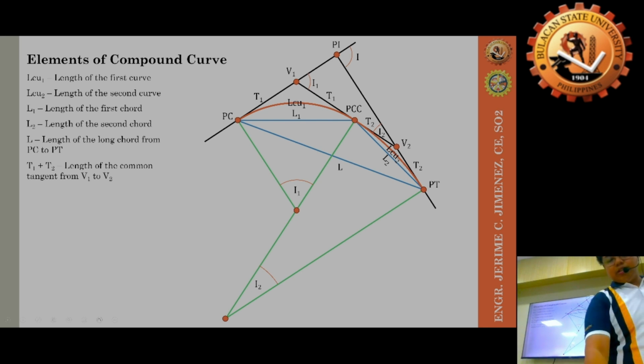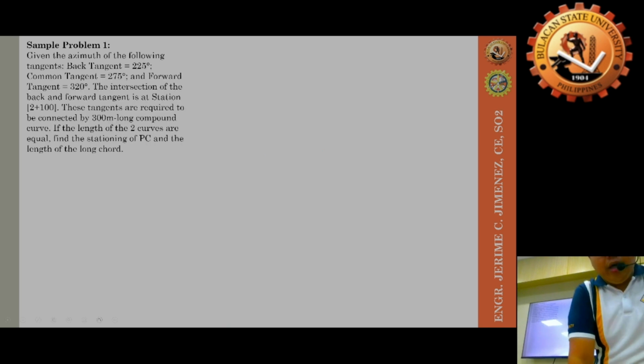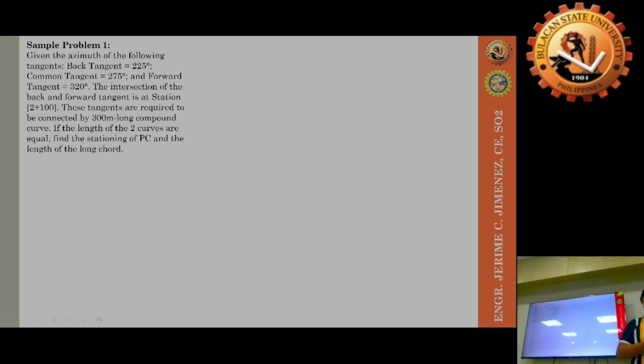Okay, kung walang question, proceed tayo sa sample problem number 1. Don't worry, ngayong araw na to, dalawang sample problem lang. Next week, tatlong sample problem tayo.